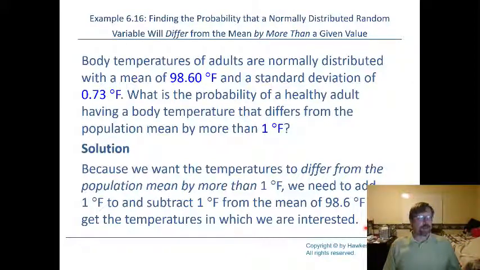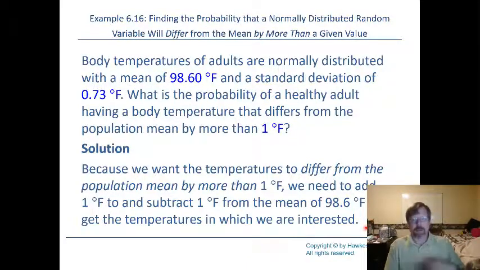Another way to look at it, another similar problem, is: what is the probability that somebody's body temperature is going to be more than 1 away from the mean? So again, more than 1 away from the mean, we're looking at those tails. They're symmetrically distributed this time as 1 away. So we're looking for 97.6 and below and 99.6 and above.